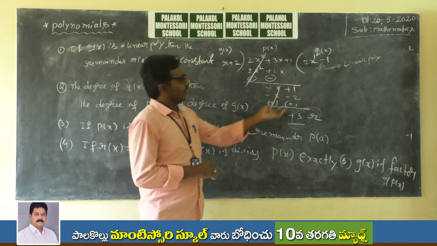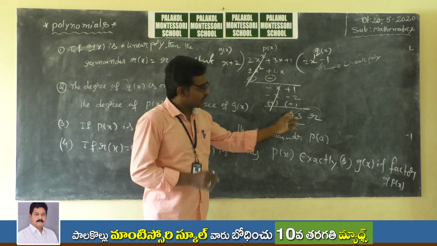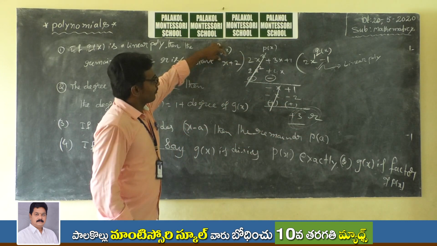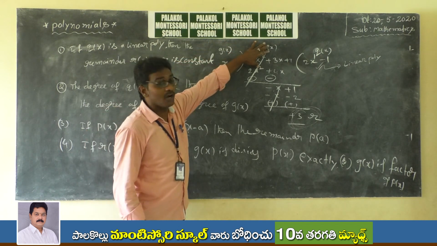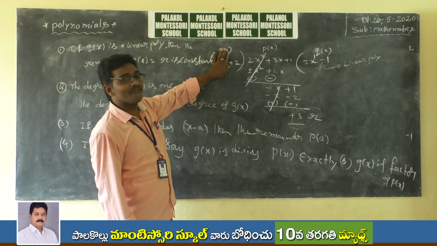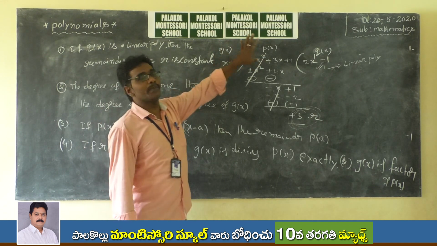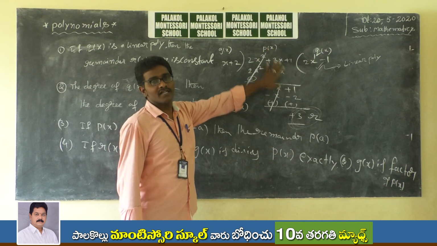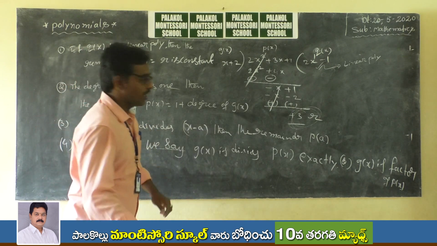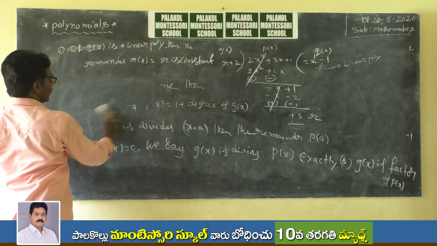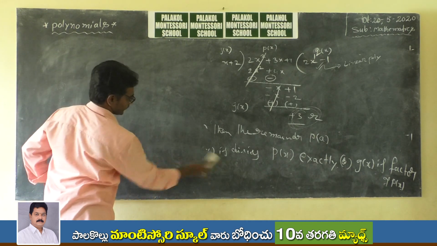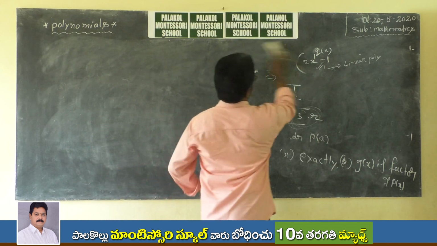That means the remainder is 0. What is the meaning? g of x divides p of x exactly. Another meaning: g of x is a factor of p of x. Okay, guys, this is the division algorithm of a polynomial. I give some more examples in this topic. That is very, very common.